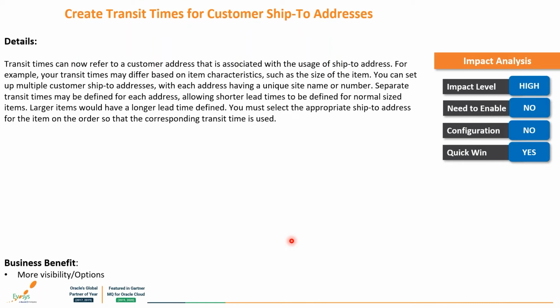So Oracle has come up with this feature of creating the transit times for customer ship to address. What overall it helps us to do is it gives us more visibility and options while selecting a specific shipment, again based on the nature of this item, and select the appropriate ship to address for that specific shipment.